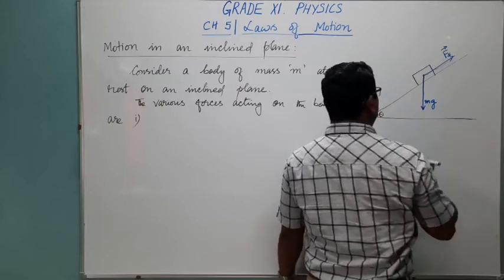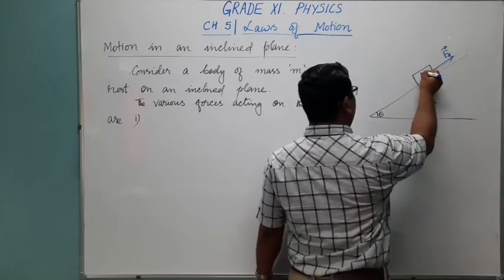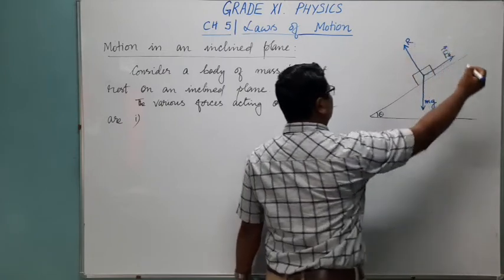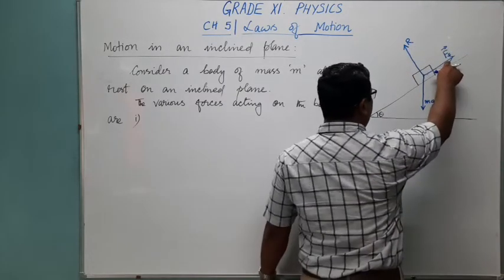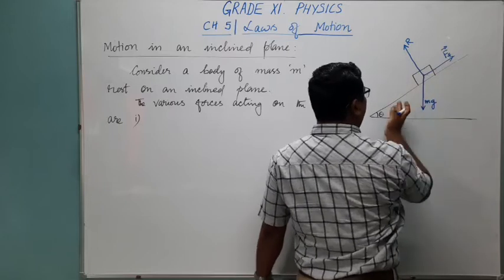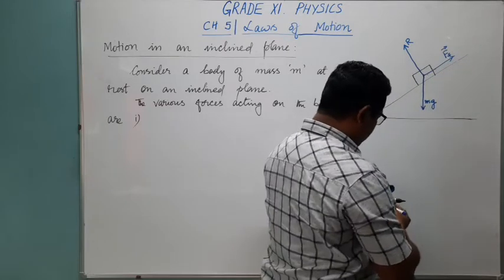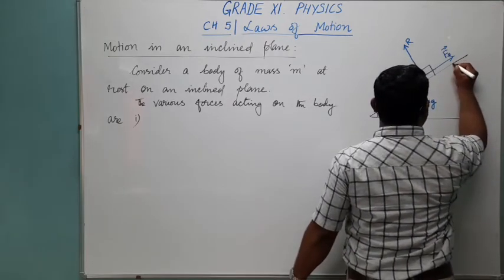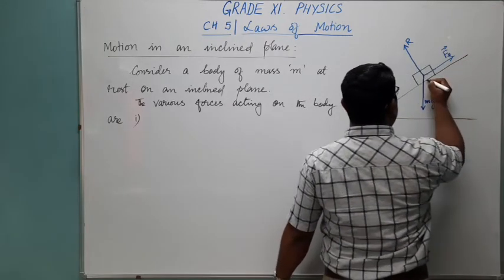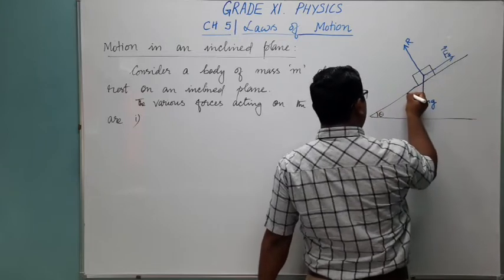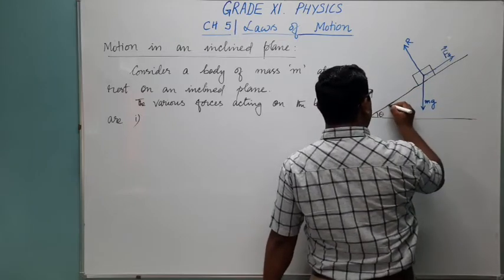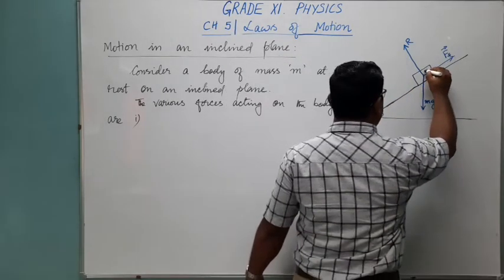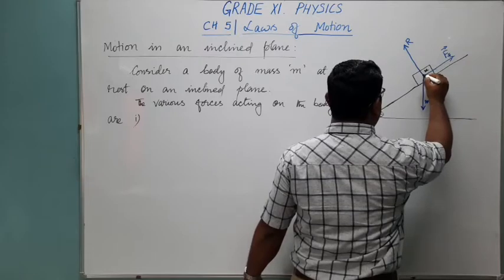And the third force that acts on the body is the normal reaction, which we are writing as R. This normal reaction must be perpendicular to the inclination. This is your inclination, I am darkening it. These are the three forces that are acting on the body, and the body is of mass m.